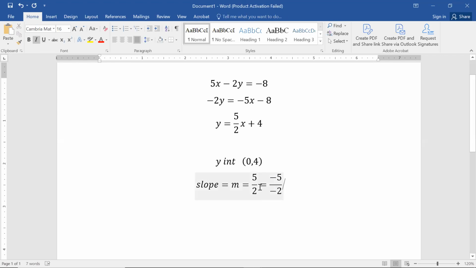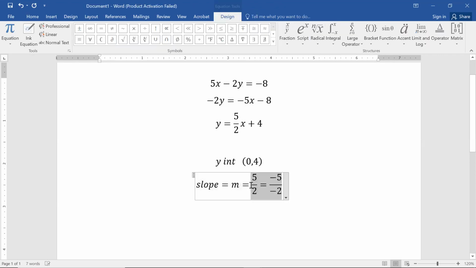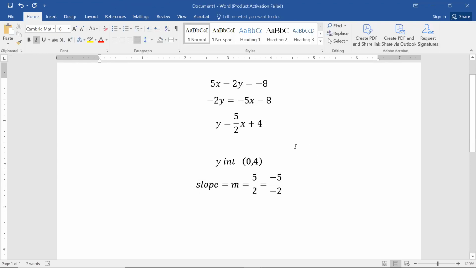When you're writing your answer in a learning management system, they might want the answer of 5/2. They might want it as a decimal. It depends on the learning management system. So now I know that the y-intercept is 0, 4, and that the slope is 5/2.